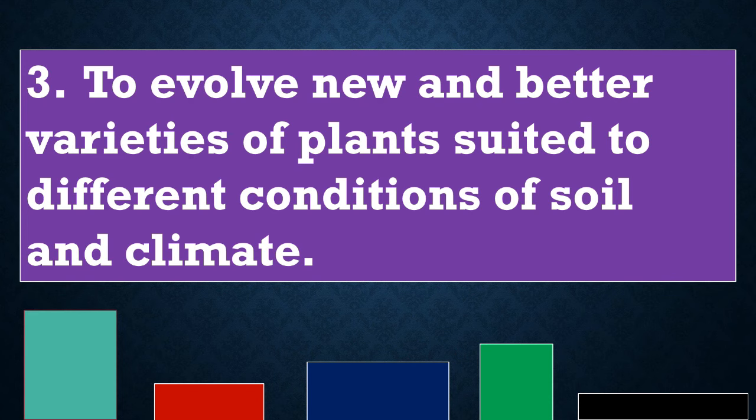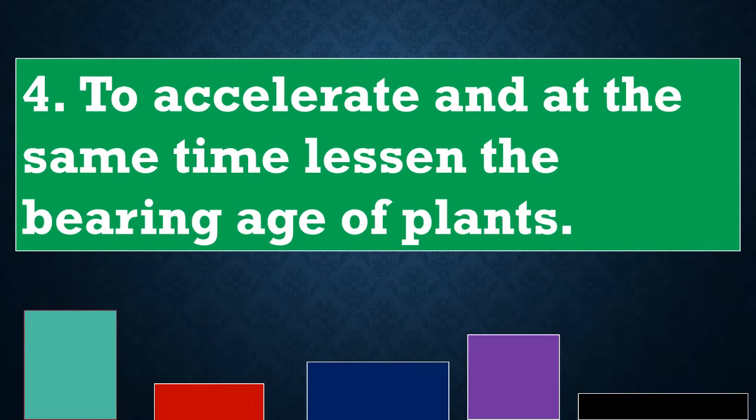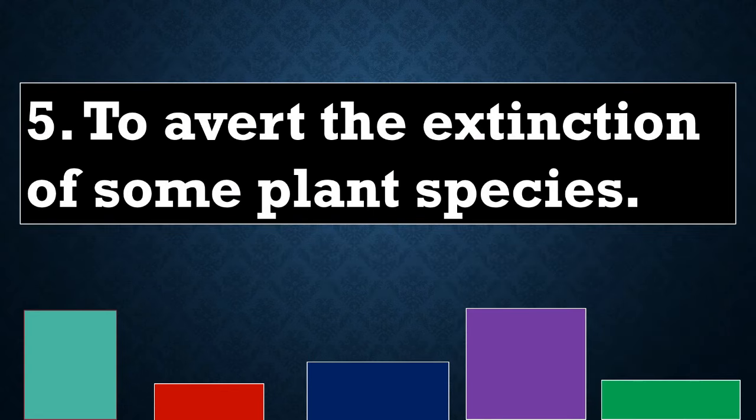To evolve new and better varieties of plants suited to different conditions of soil and climate. 4. To accelerate and at the same time lessen the bearing age of plants. 5. To avert the extinction of some plant species.